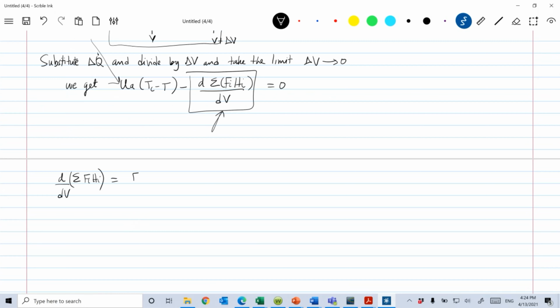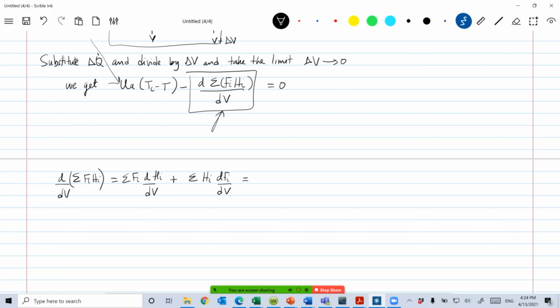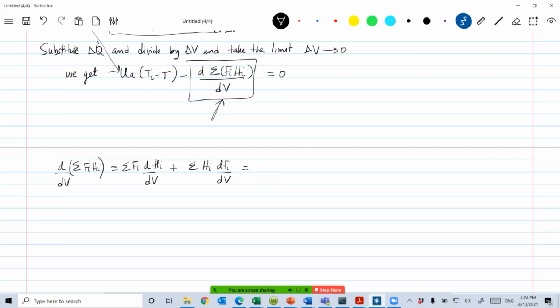It is equal to this plus this, keeping in mind that dFi/dV is Ri.